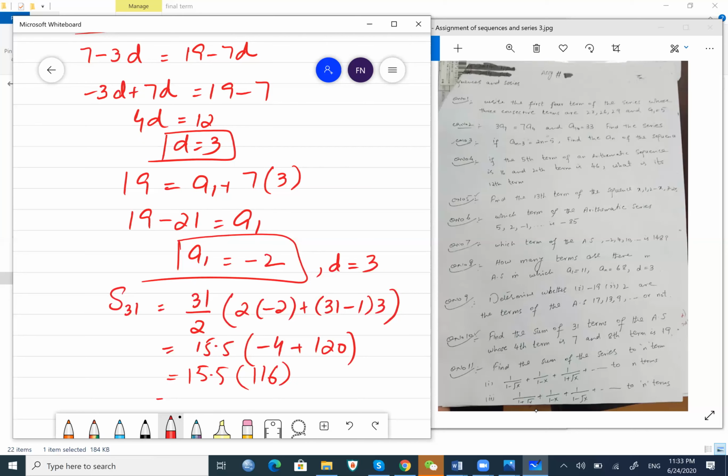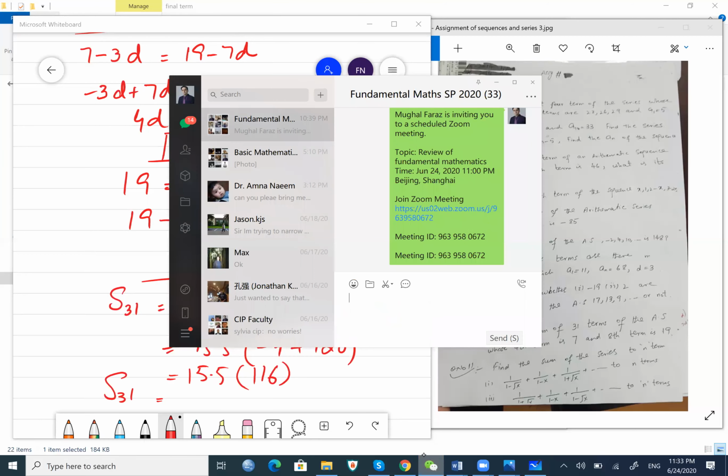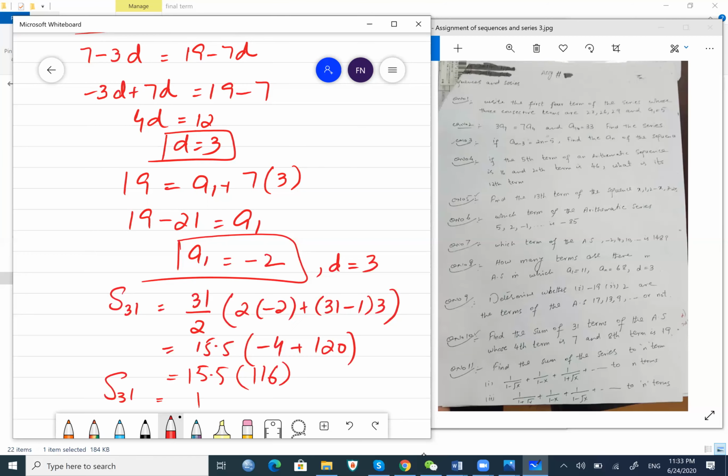So you can solve it and you can get the sum of 31 terms. Is that clear? The answer is 1,233. Okay, any other question?